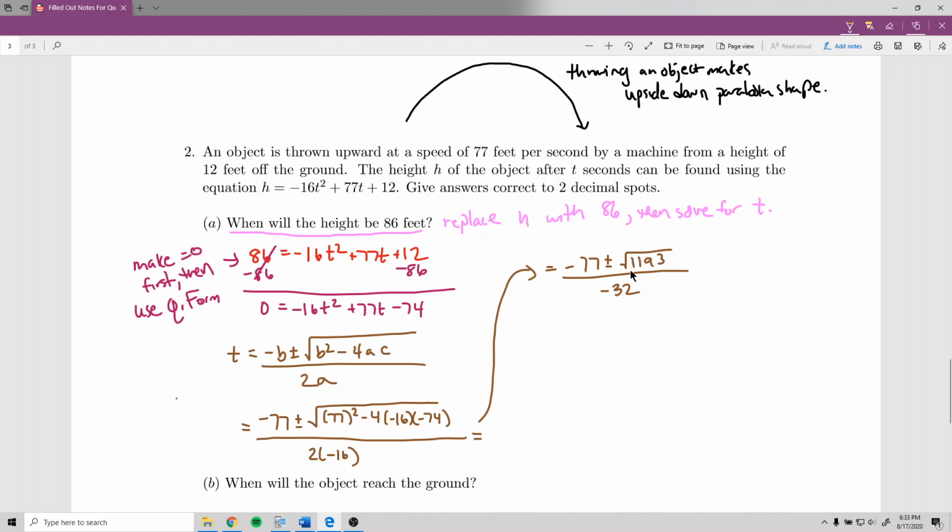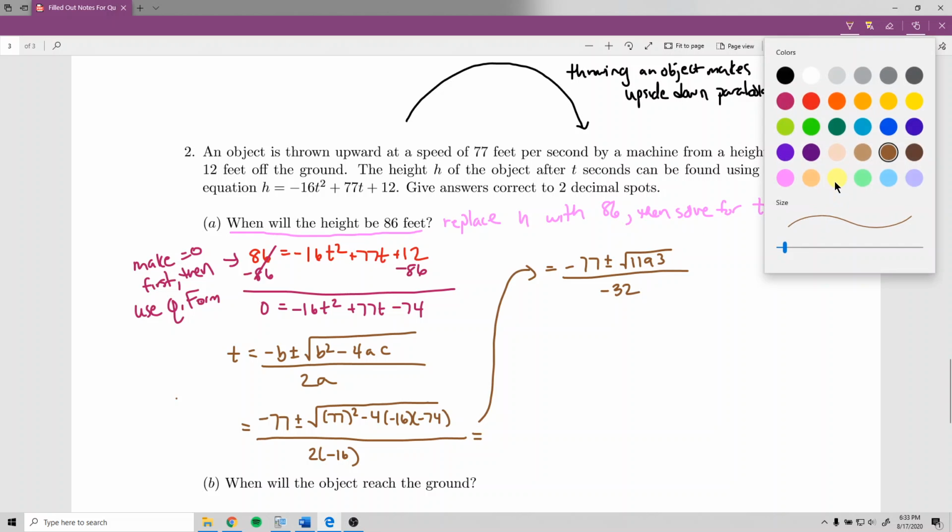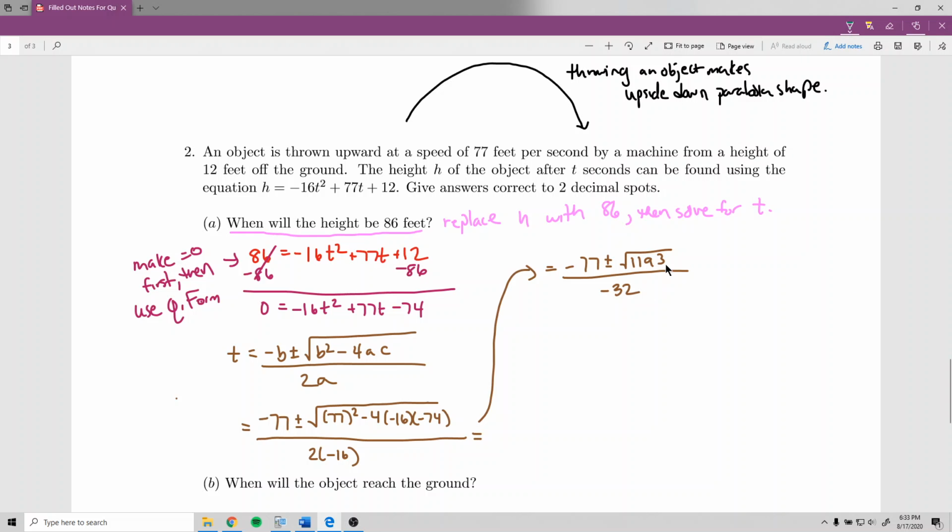I don't even want to think about how to factor this number, so just split up the fraction now. Actually, you don't have to split up the fraction for this one because we're going to use our calculator. Just split it up over the plus and minus, since we will use the calculator to round.